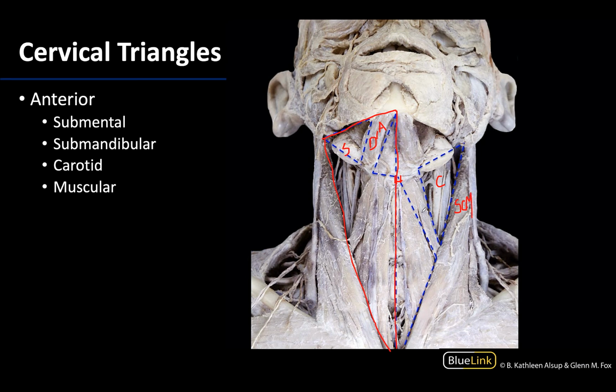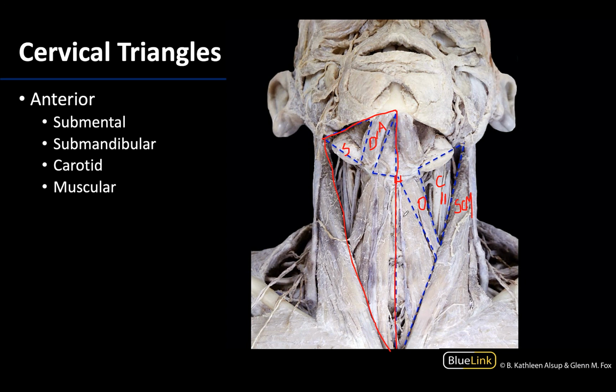And medially, we're going to have the superior belly of the omohyoid. As the name would suggest, the contents of this triangle includes the carotid sheath and its contents. You can see the common carotid artery here, the internal jugular vein here, the ansa cervicalis, specifically that superior limb there. You can't see the vagus nerve here because it's deep, but it would be considered a content of the carotid sheath.